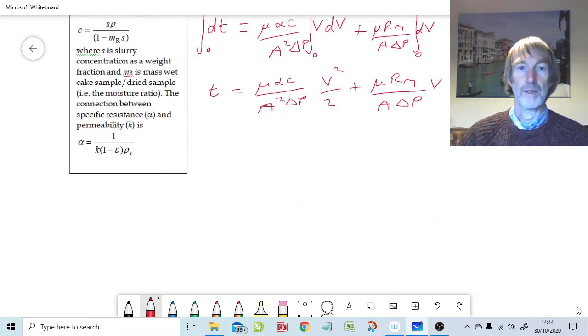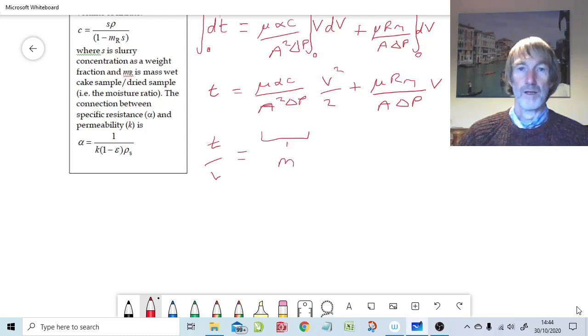So classically you'll see in the textbook this is t over V, and you'll see all this lot as being a constant. I'll just call that M for the gradient.